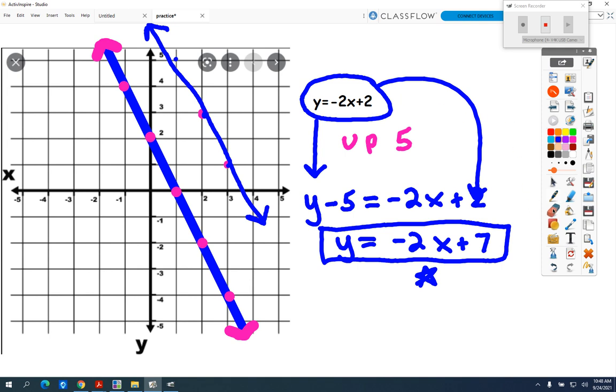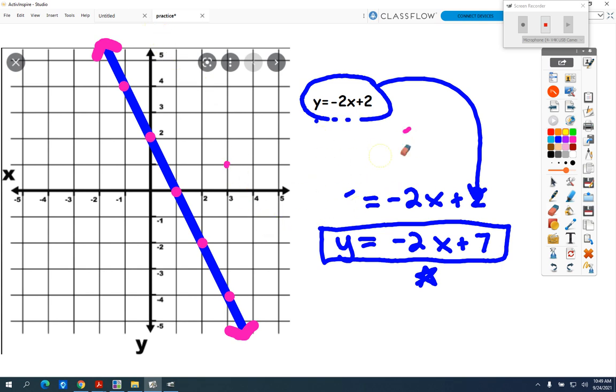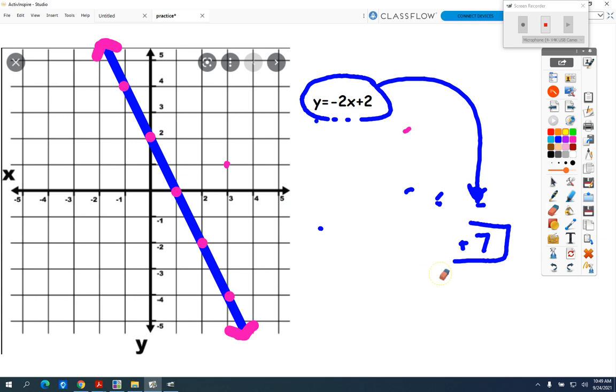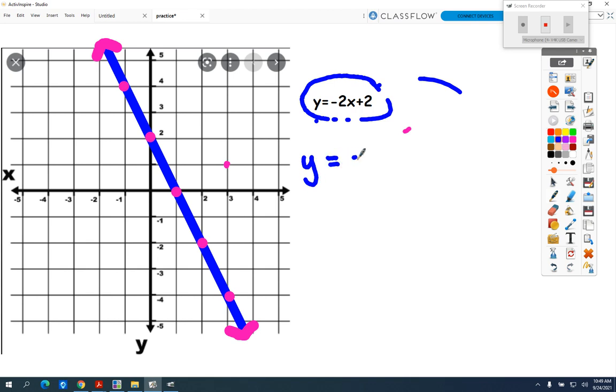So, just another example, if you were taking that same line and translating to the left 3, well, left 3 usually means minus 3. But when you manipulate the equation, you actually have to do y equals negative 2, and I said left 3, so it's actually going to be x plus 3, plus 2. Notice that I put the x plus 3 in parentheses because that's the new x.